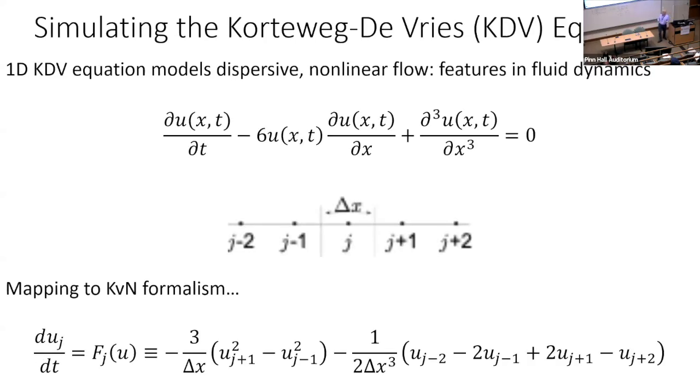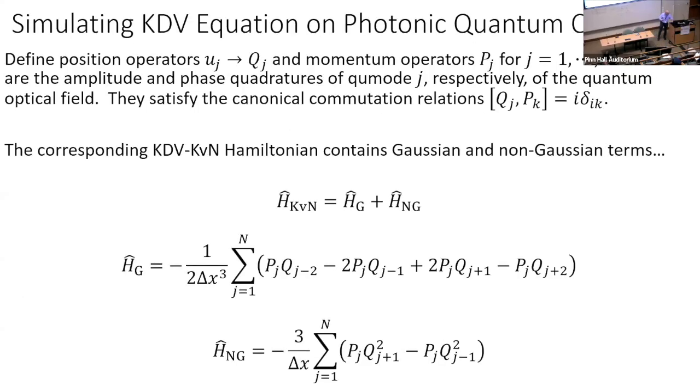So we're just going to solve this equation. This is the Korteweg-de Vries equation, I can't even pronounce it, the KdV equation. It's a nonlinear equation, and we can map it to the Koopman-von Neumann formalism. And here's what's beautiful, this is why it's a match made in heaven.